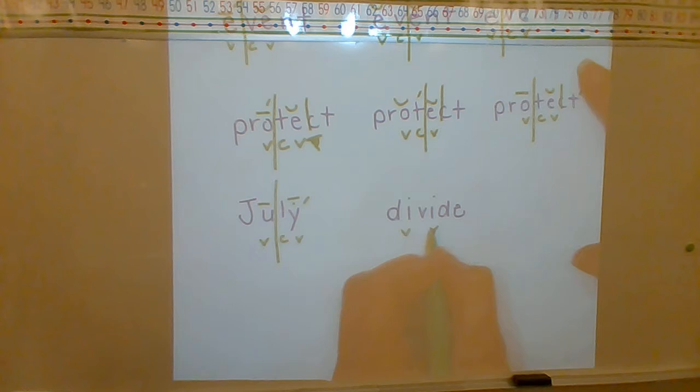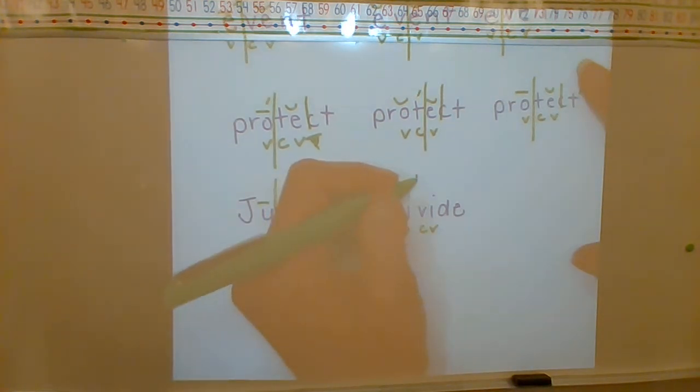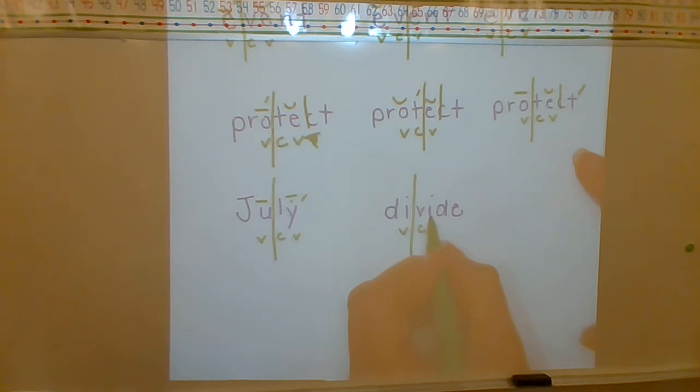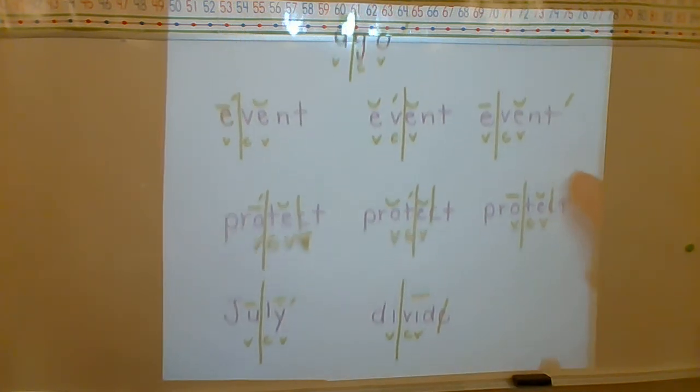Mark your vowels and what's between them. Divide before the consonant. All right, well, we need this to be together because they're going to make a vowel. Sneaky E. I. Now, here's what's happened.